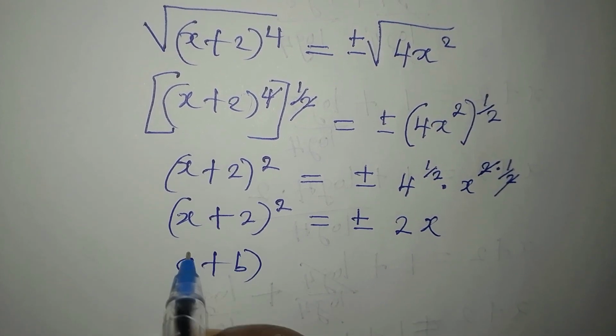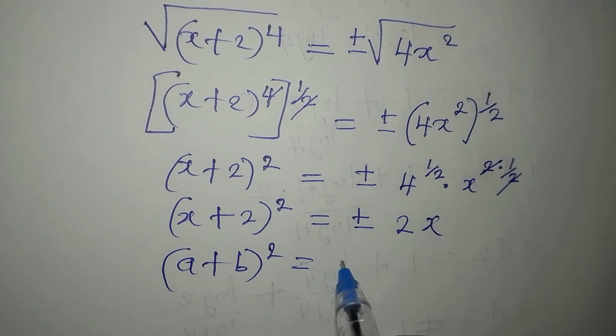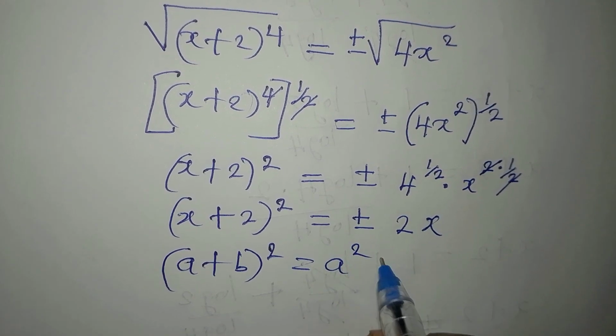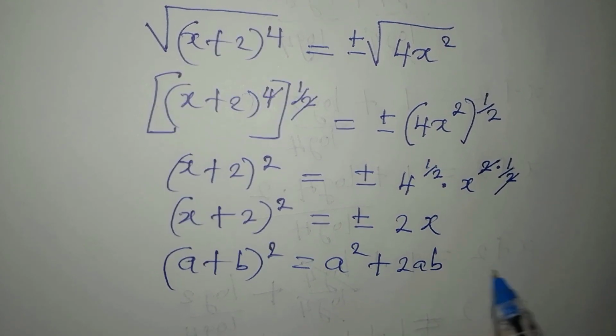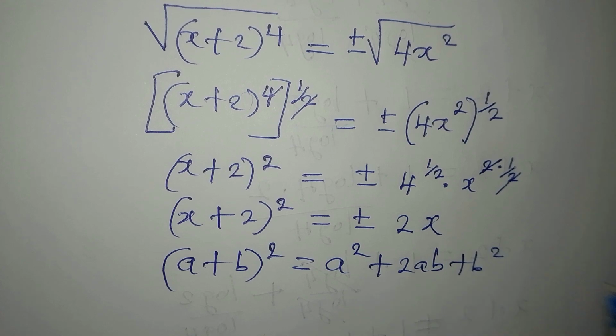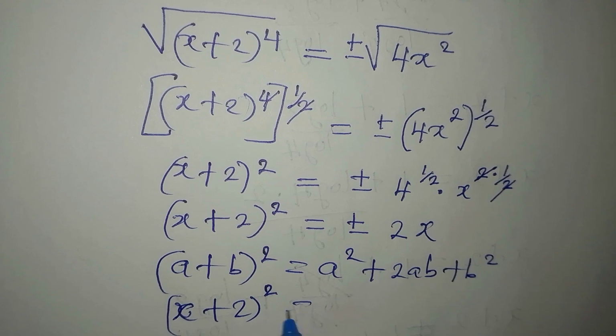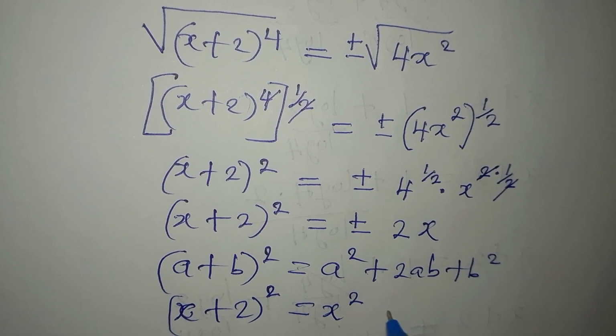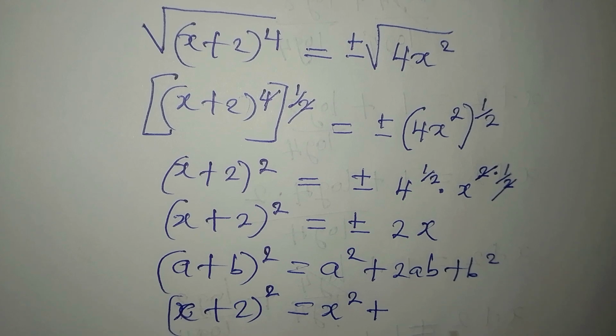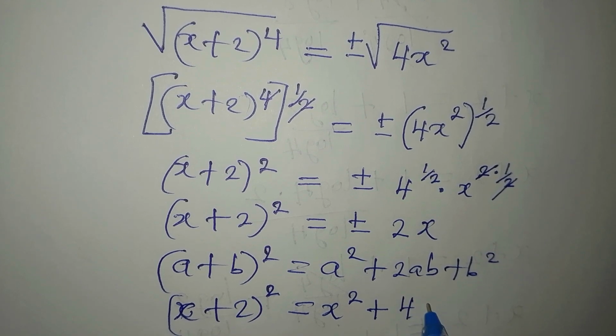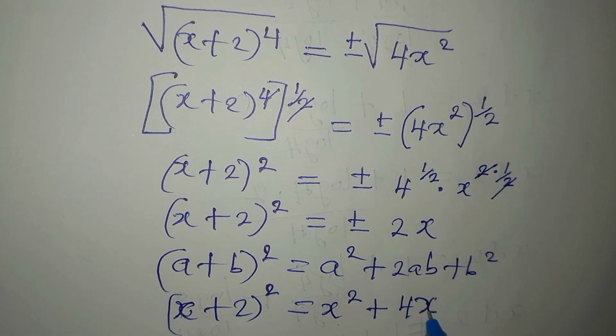(a + b)^2 is the same thing as a^2 + 2ab + b^2, meaning that (x + 2)^2 is equal to x^2 + 2ab. That will be 2 times x times 2, that will be 4x.